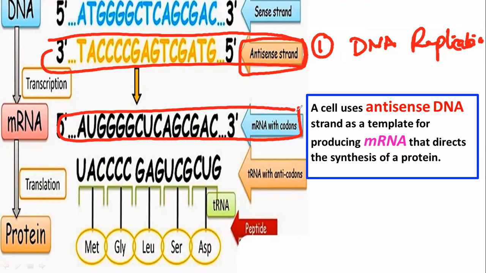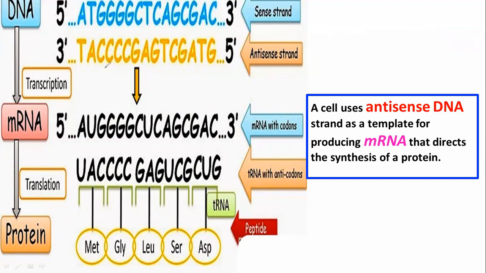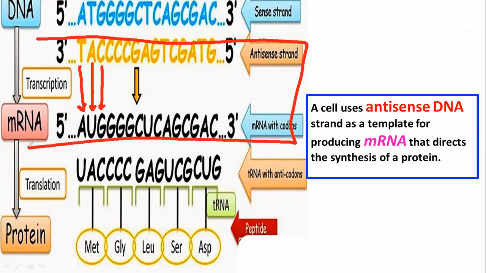Look here, messenger RNA. Can you check again, anti-strand, anti-strand? Can you see the complementary base pairs? This part, from anti-strand to messenger RNA, is called transcription, the first step of protein synthesis.